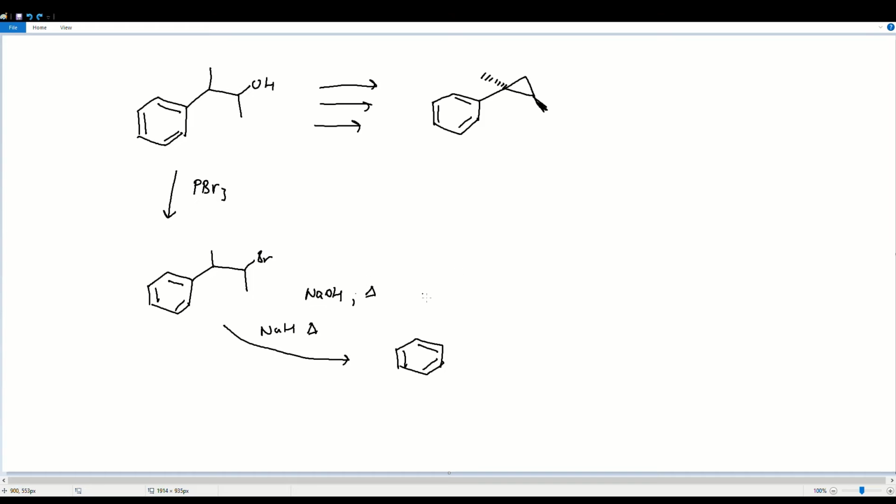But regardless, so we are here and we did E2. So we're just going to have that same molecule, but instead of a halogen, I have a double bond. And then finally, I just add my diazomethane, which is CH2N2.